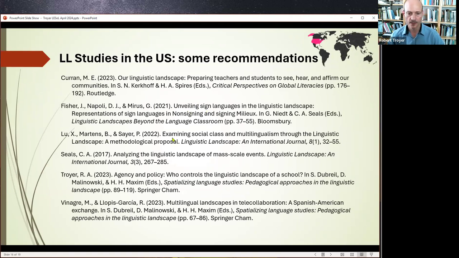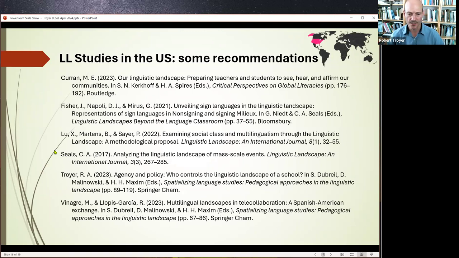Lou, Martins, and Sayer are connecting demographic data on social class and multilingualism with research on the linguistic landscape. And I think that's, in some ways, going back to the origins of linguistic landscape research and looking at ethnolinguistic vitality. And I think we should have more of these kinds of studies that have some very practical policy applications for linguistic landscapes.